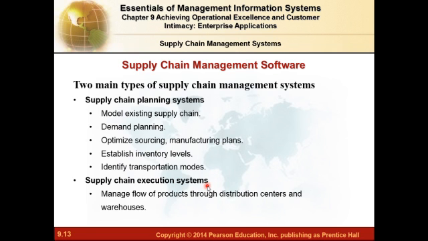Okay, the first one is plan, now execute, where the supply chain execution system can manage the flow of products through distribution centers and warehouses. So it can coordinate activities with supply chain partners and handle the various supply chain processes, which allows users to balance the cost of transportation, delivery, and also handling.